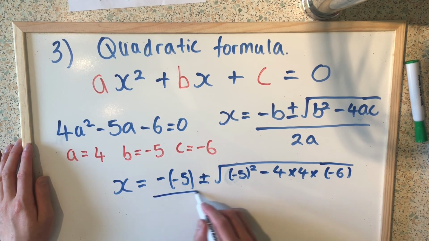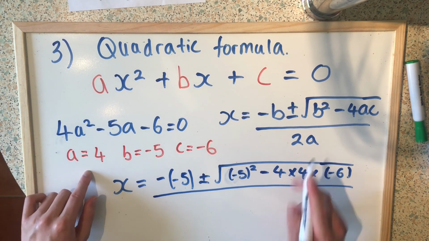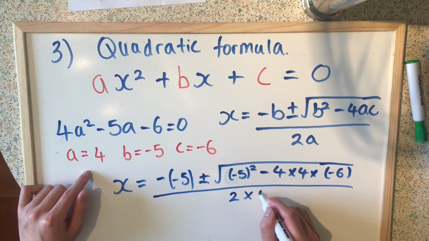And all this is over 2 lots of a, so 2 times 4, which is 8.